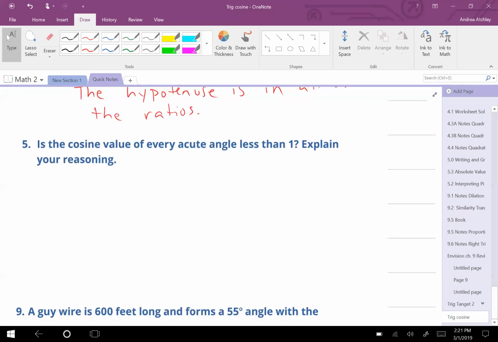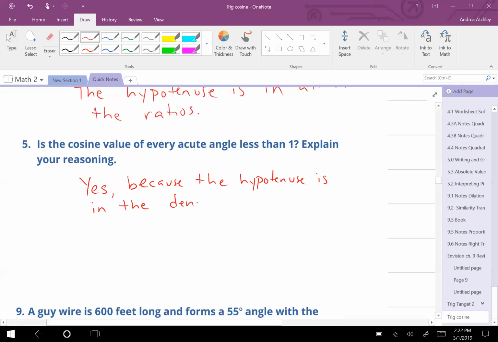So you're always going to have an answer that's less than 1. Okay? So let's write that down. It's because the hypotenuse is in the denominator, so it's always going to be less than 1.